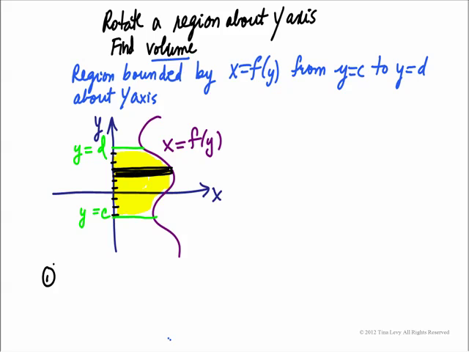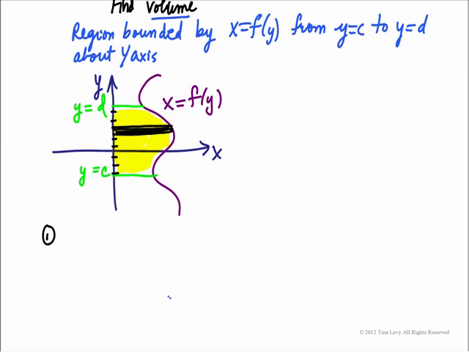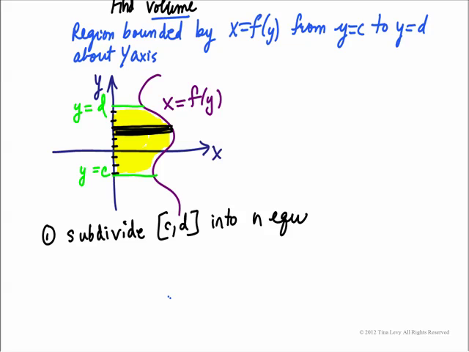So our first step, I'm going to do this rather quickly, is we're going to subdivide CD into n equal subintervals. And this one, instead of being delta x, we're getting delta y, and that would be d minus c over n.